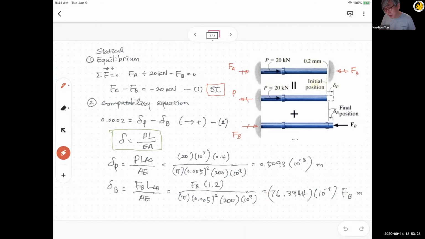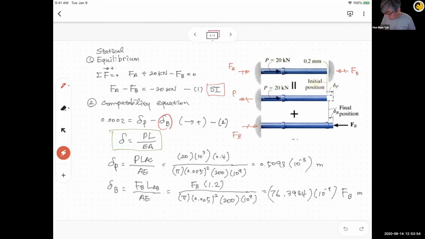Do you see that, Jenny? So again, what we did is we have a delta P, right? And here, delta P, we have this number, constant. Delta B is a function of FB.